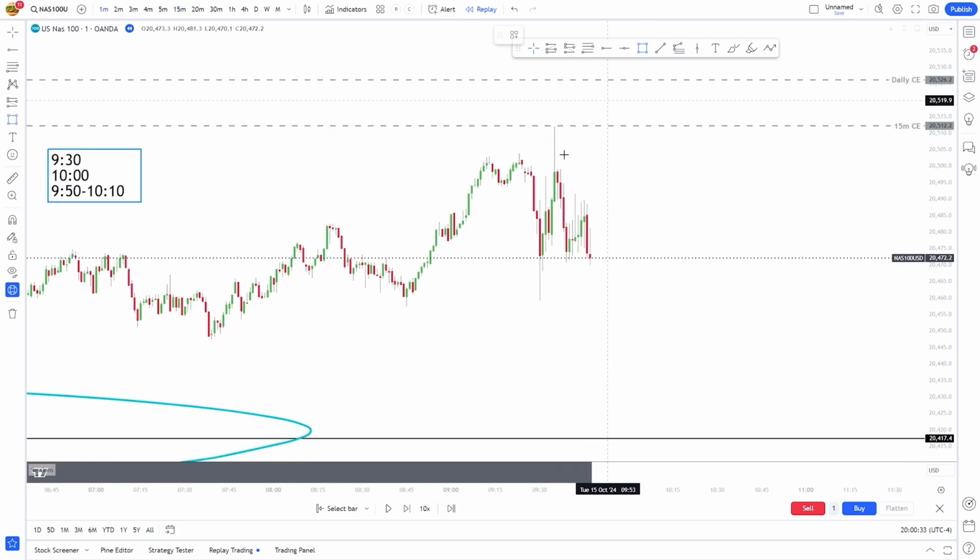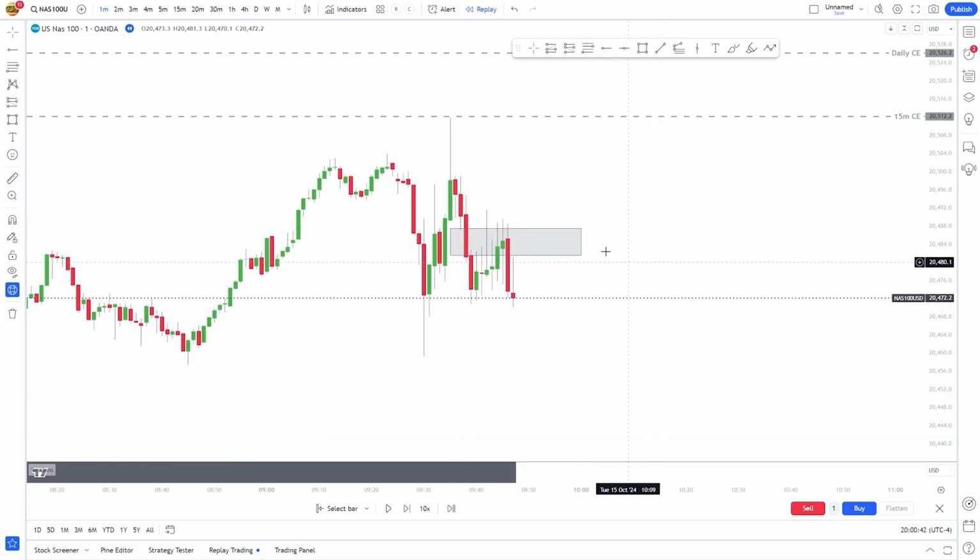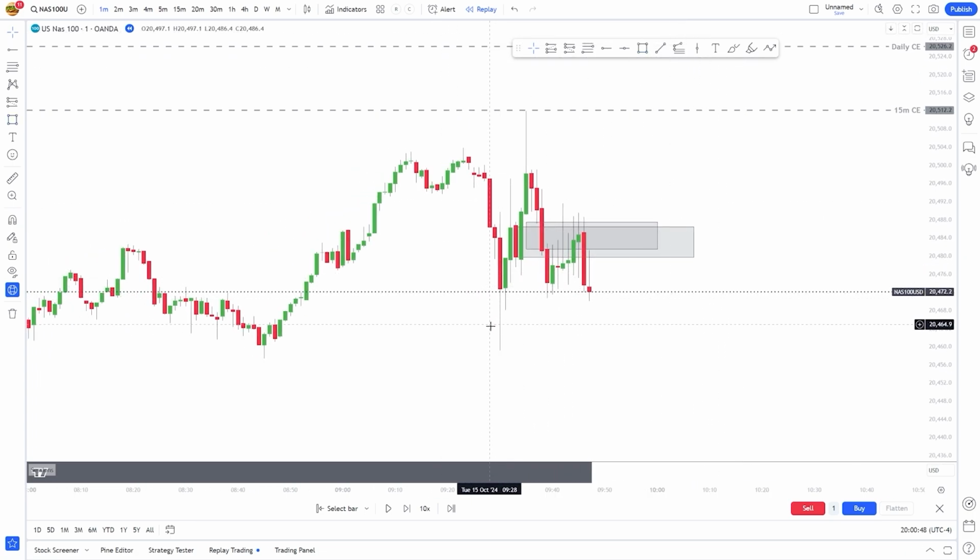Now, back on the one-minute chart, we see that at around 9:40, there has been a gap, an ICT fair value gap, as well as an order block where there's displacement to the upside. We see a candle of the opposite color. This whole candle can be an order block, an area of retracement, an area of strength or weakness.